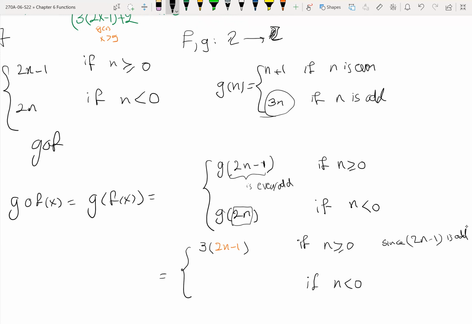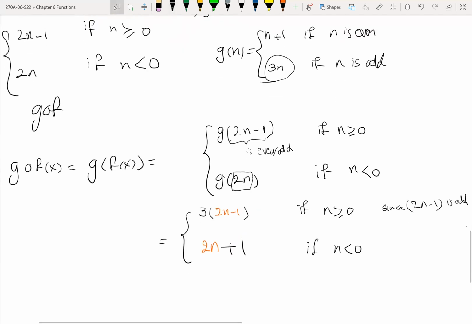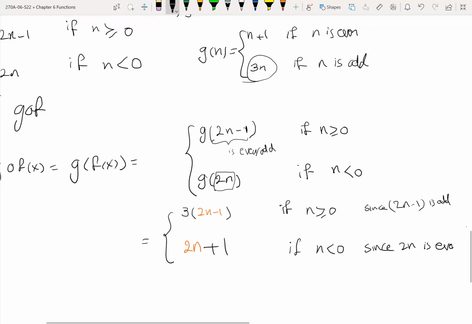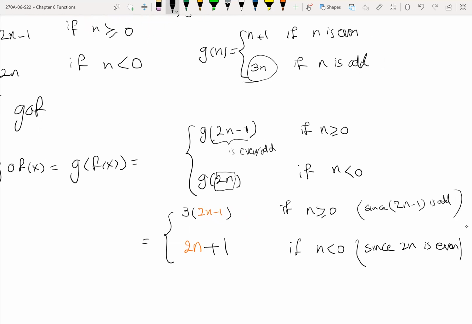So then you are having 2n, let me write it in color, 2n replaced by n, and then you have plus 1. Okay, that makes sense? Question on this one?